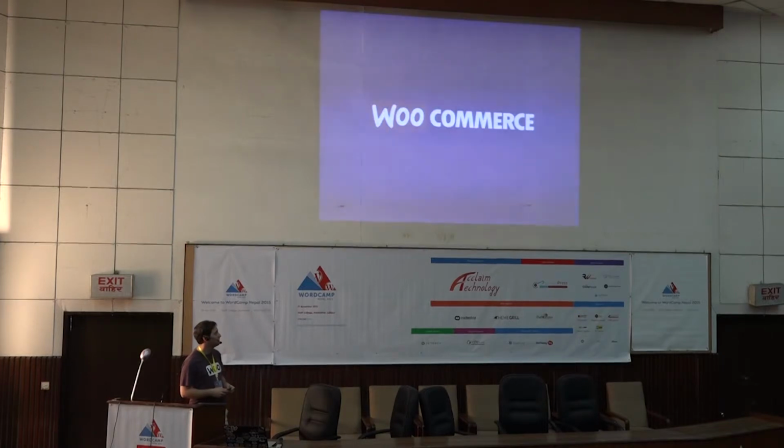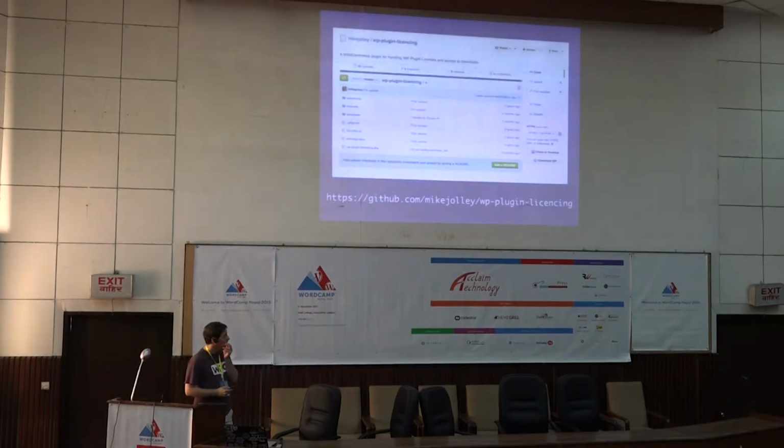So by doing that, you could use WooCommerce. And WooCommerce has digital downloads built in. Then you can use a plugin like API Manager, which we sell on WooThemes.com, to handle the licensing and automatic updates. Or there's actually a free version built by Mike Jolly, who's the lead developer of WooCommerce. And it's an open source one.